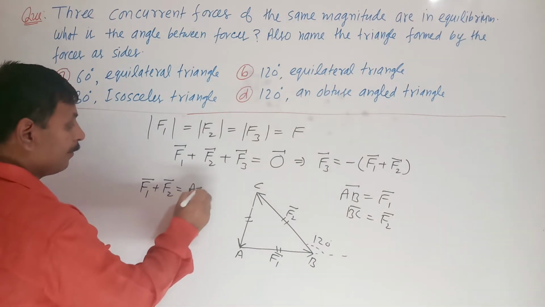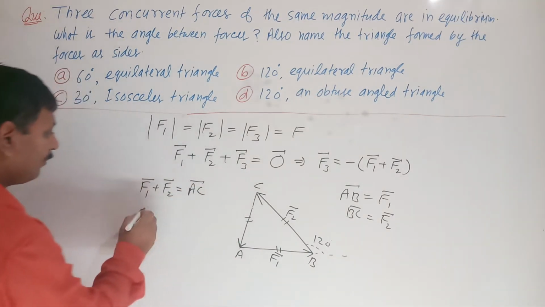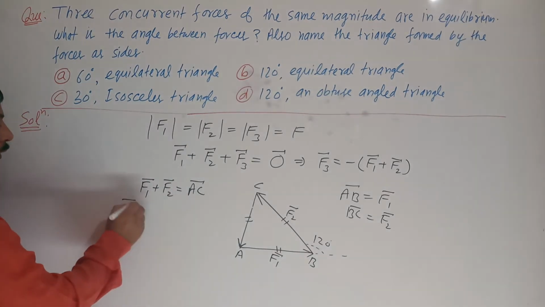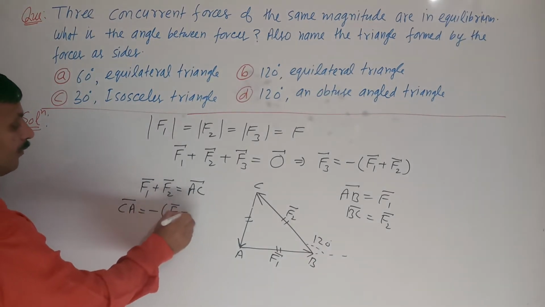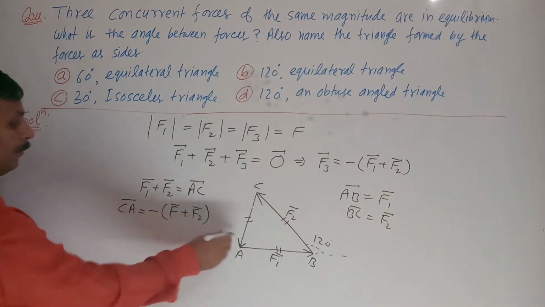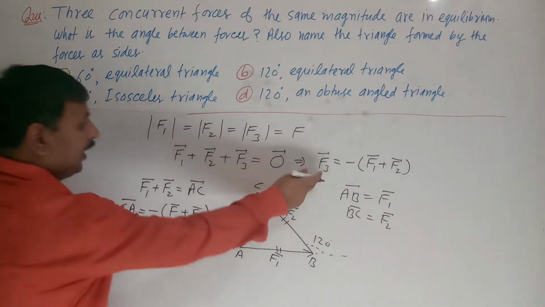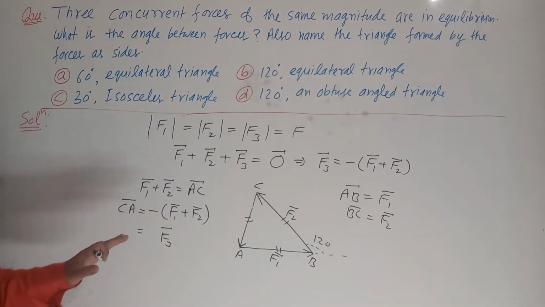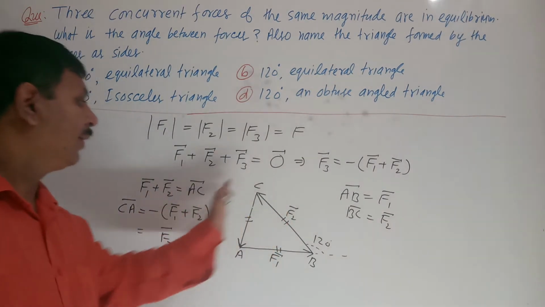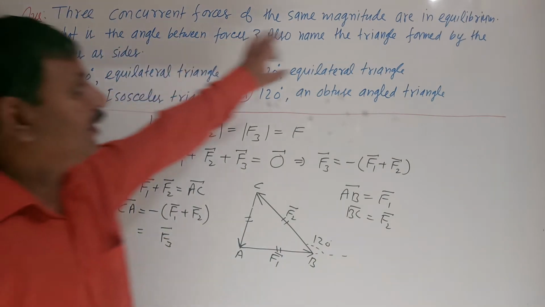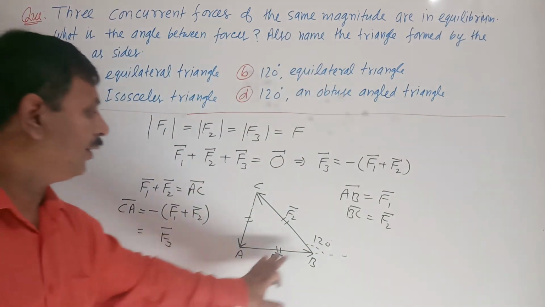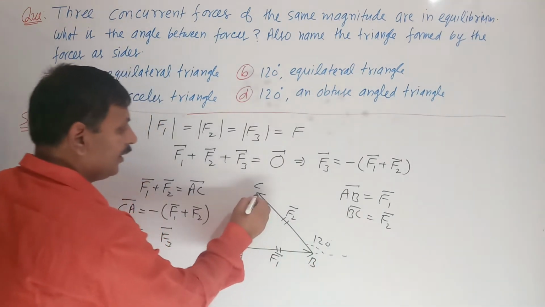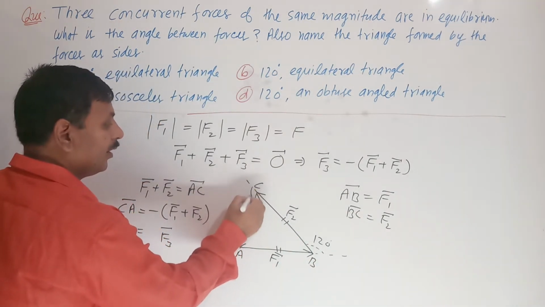The AC vector. So here we have made CA. So vector CA is equal to what? Minus of F1 plus F2. So that is vector F3. So three vectors having the same magnitude and in equilibrium will form an equilateral triangle.